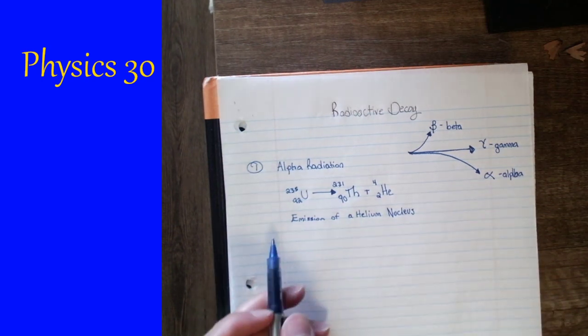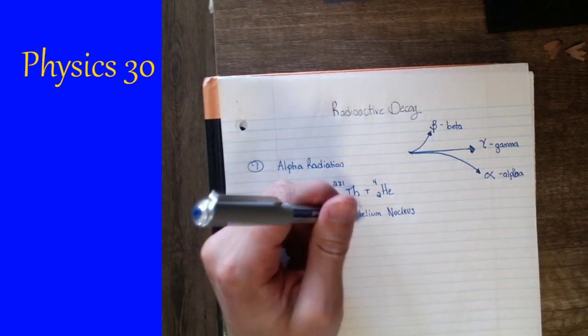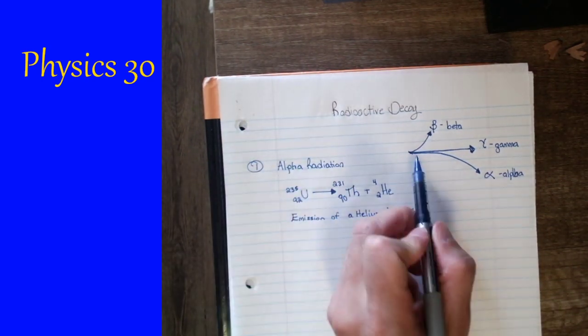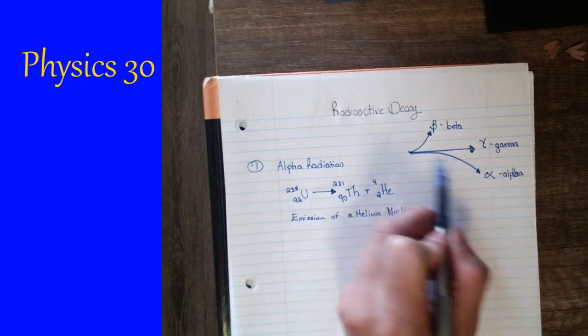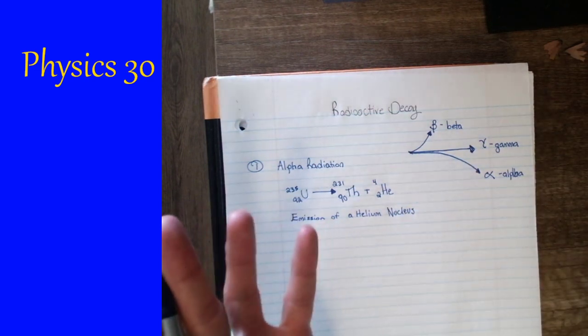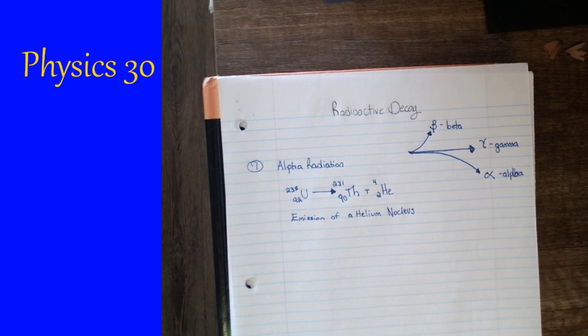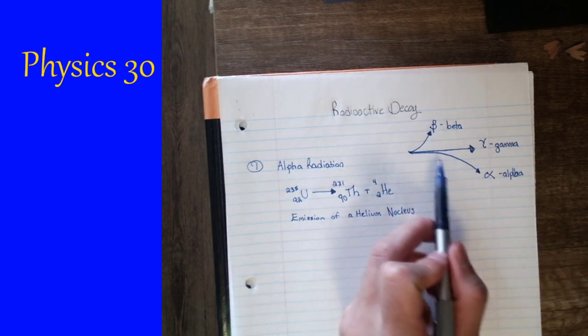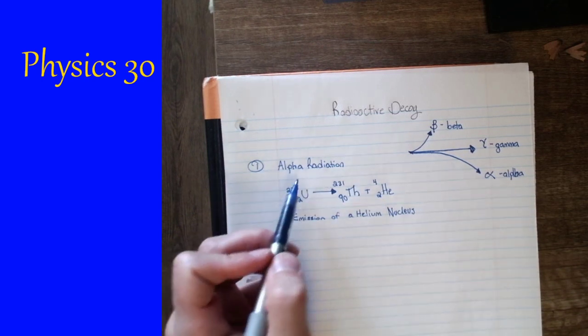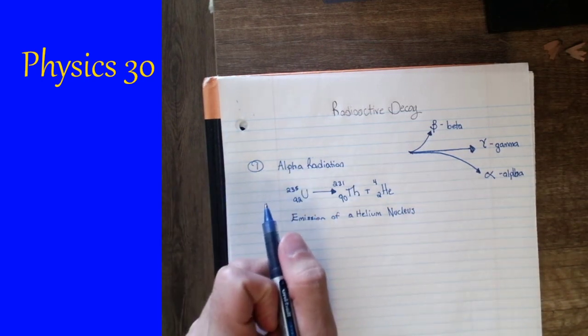Okay, so when we talk about an alpha particle, we were talking about a helium nucleus. And so this is kind of where those alpha particles that we've been using for quite a bit of time for problems or for calculations originate from. The helium nucleus is a type of radiation known as alpha radiation.